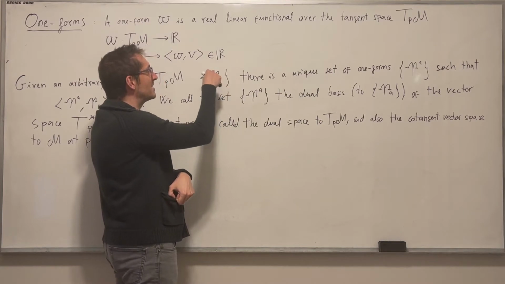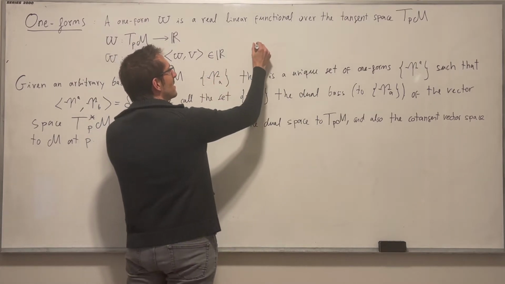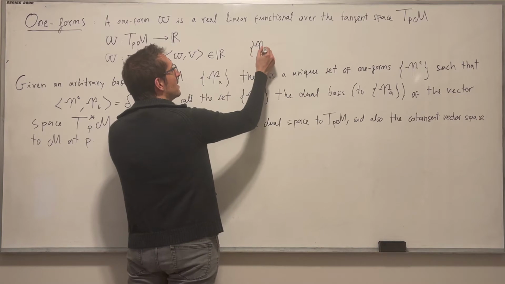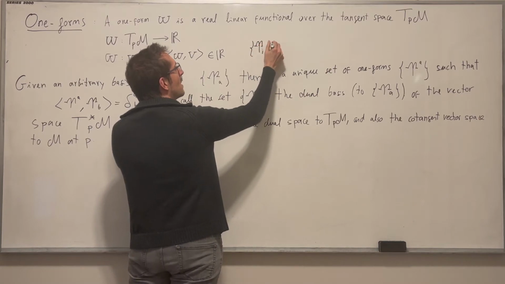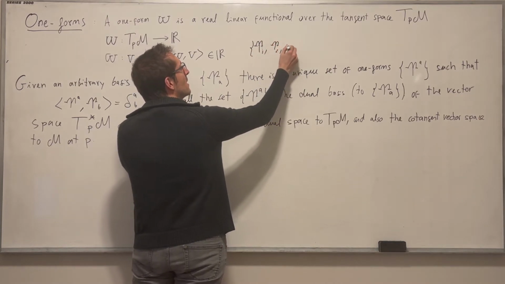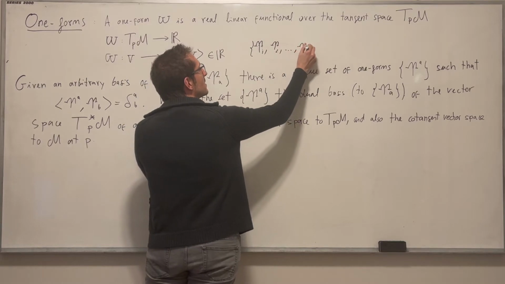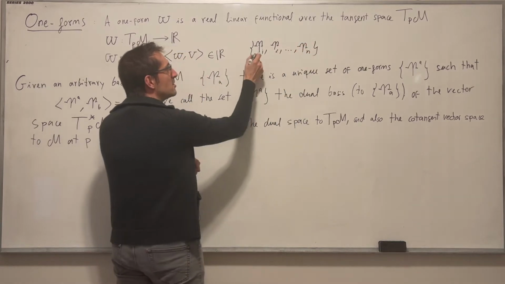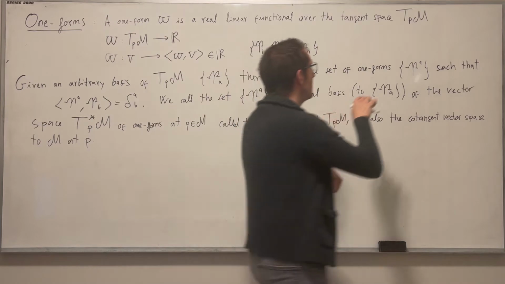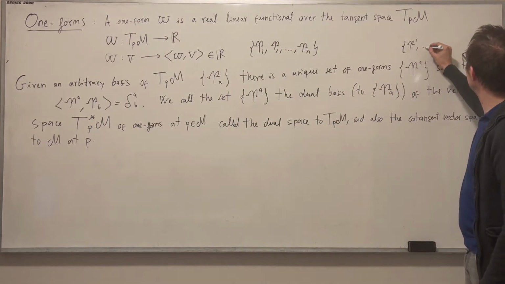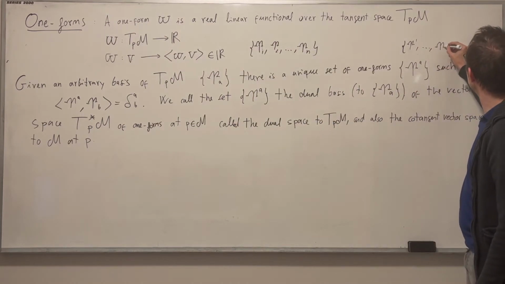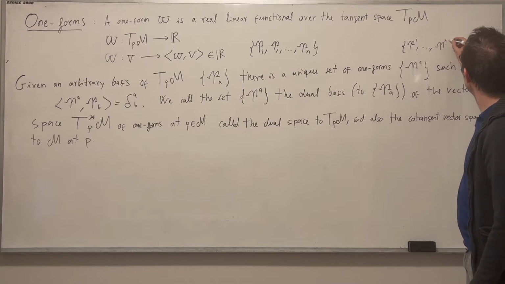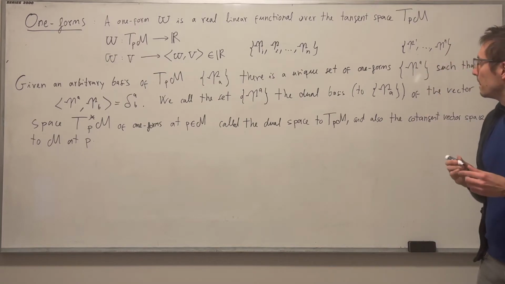This is not a component, every element. Just a reminder, this is the same as writing epsilon 1, comma, epsilon 2, comma, epsilon n. Each of them is a vector. And same here, we get epsilon 1, comma, to epsilon n, each of them a Oneform.